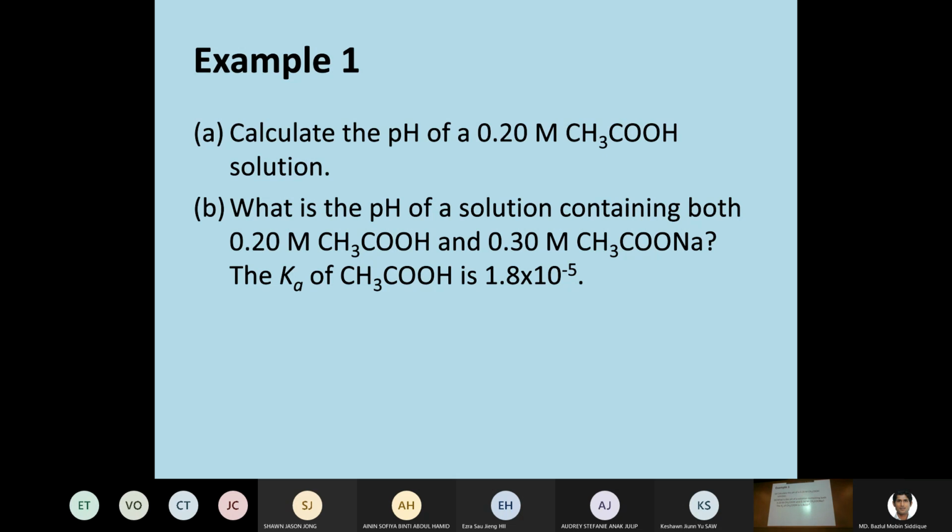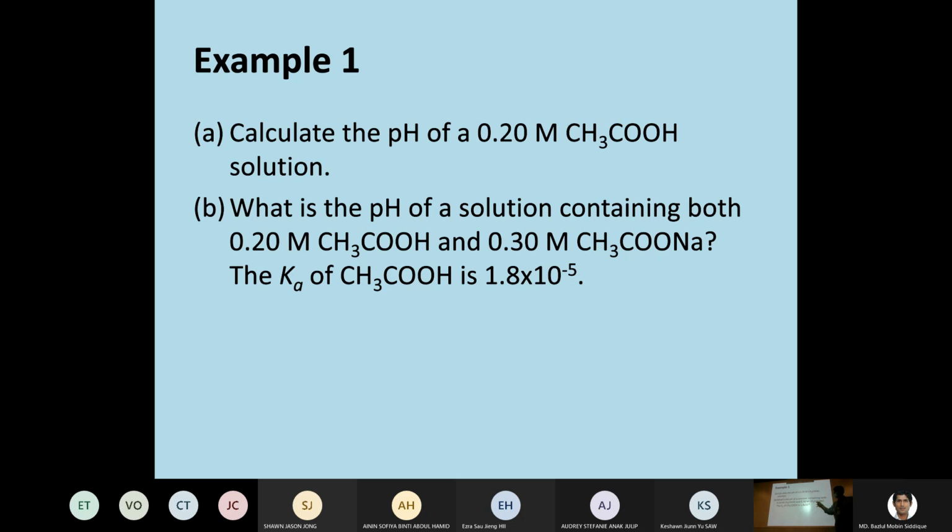What will happen is, acetic acid is getting dissociated, but sodium acetate is getting more dissociated, because it is fully dissociated, since this is a salt, right? It is getting fully dissociated.